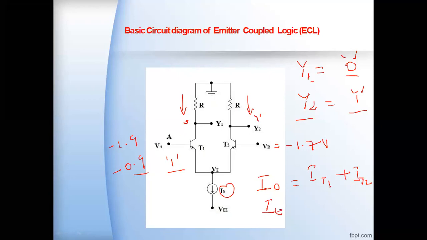You can say that it is the total emitter current in the differential amplifier. So now what is the current flowing in the transistor T1? That will be treated as the emitter current of the transistor T1, and transistor T2 current is emitter current E2 here. So now the total current in the circuit is constant.